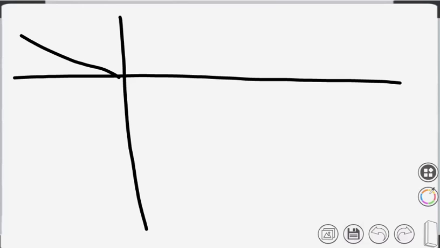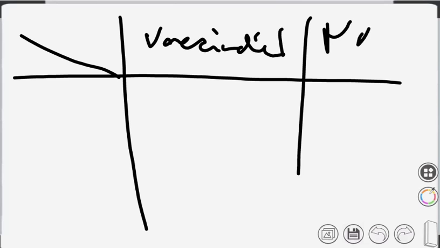Say we have chosen 500 people. Out of them, there are two types: vaccinated and not vaccinated, okay?